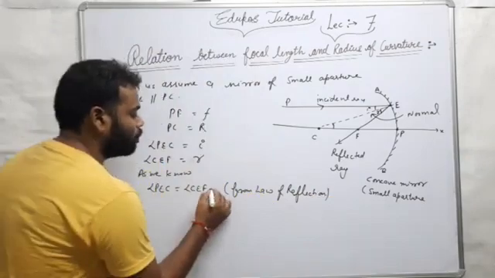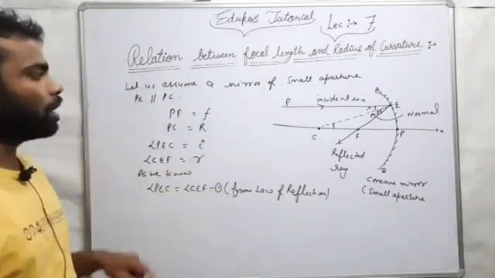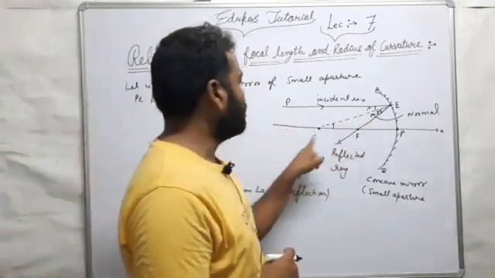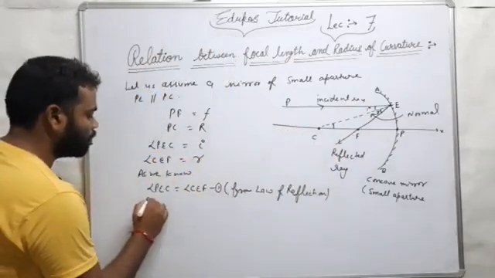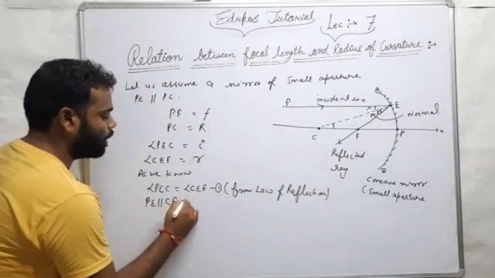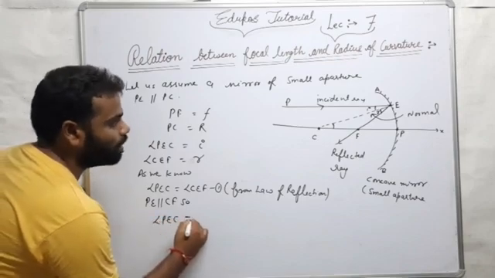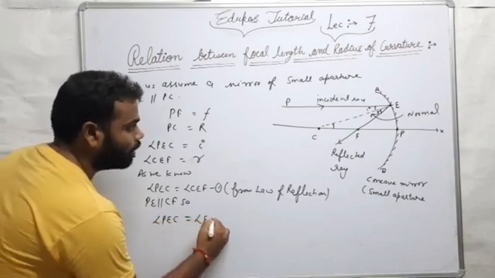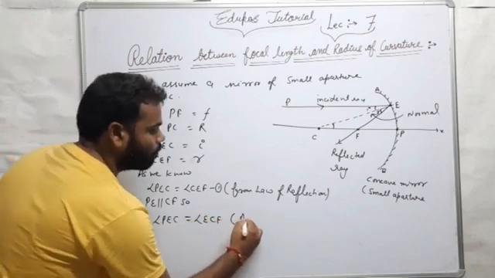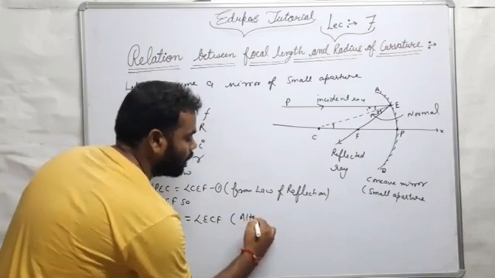So this will be our first equation. Now, as PE is parallel to CF, angle PEC will be equal to angle ECF. We can say it is an alternate angle.